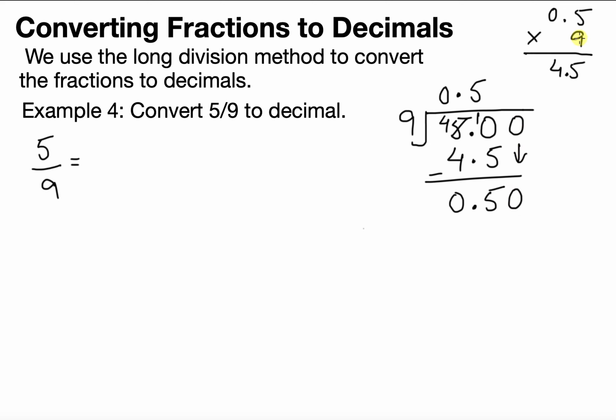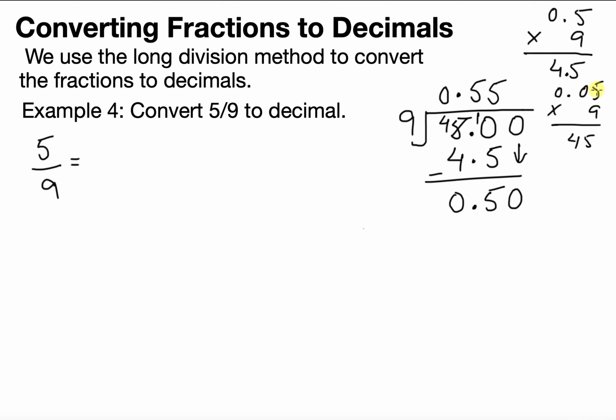We know that same 0.5 times 9 is 4.5. But now there's a difference. Now it's not 0.5. It's 0.05 because we're talking about another 5 here, which is going to be 0.05. So times 9 is going to be again 45.